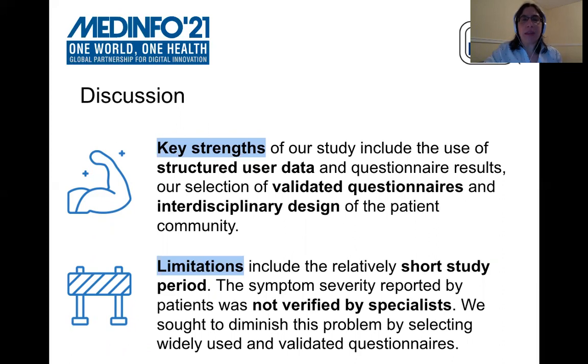Also, it has several limitations that include the relatively short study period. The symptom severity reported by patients was not verified by specialists, but we tried to diminish this problem by selecting widely used and validated questionnaires.